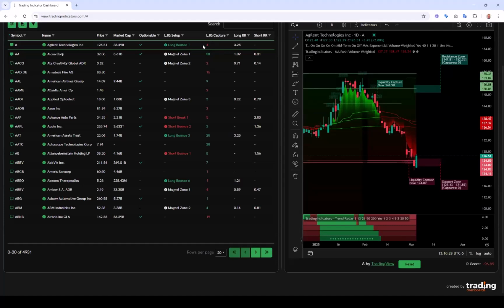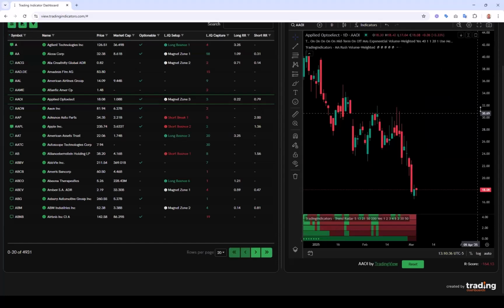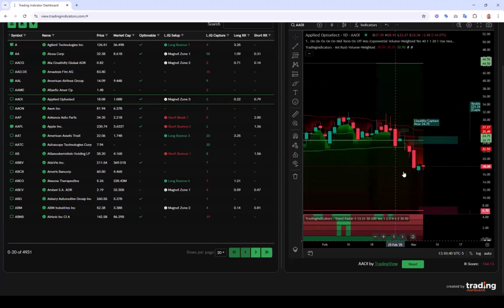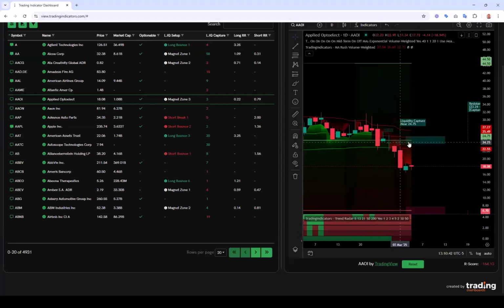If it's red, in this case it's red, it was a liquidity capture near a support level. If it's green, say this one here, or AAOI, it was a liquidity capture near a resistance level. You can now see exactly when these things are happening and how long ago it was.